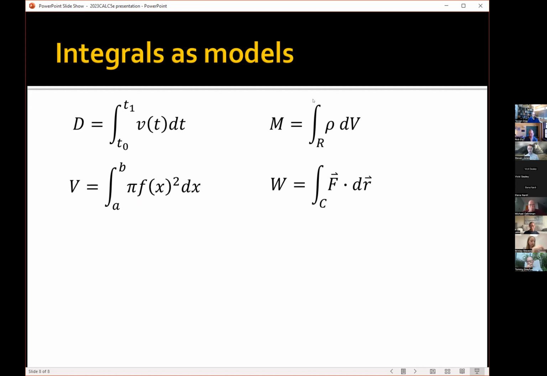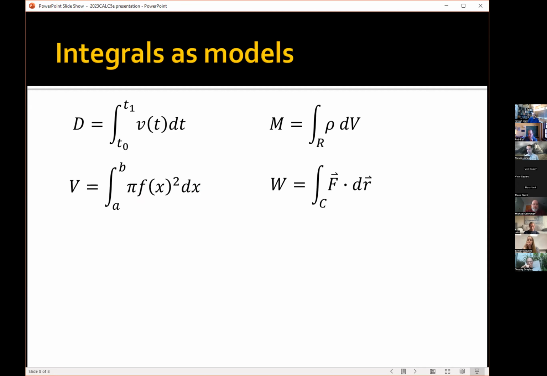For example, the upper right integral, if you're thinking of that, this is a three-dimensional object and it works the same. You partition it into little tiny dV pieces. That density rho applied across one of those little tiny volumes gives you a little bit of mass. And then the integral symbol means add up those masses across the three-dimensional object. So it functions a lot the same.